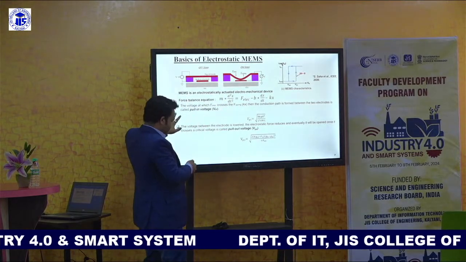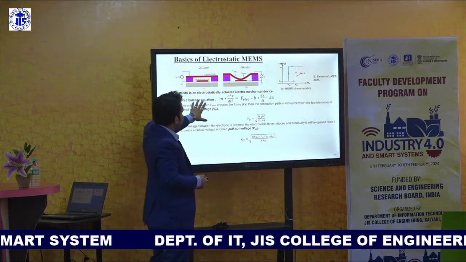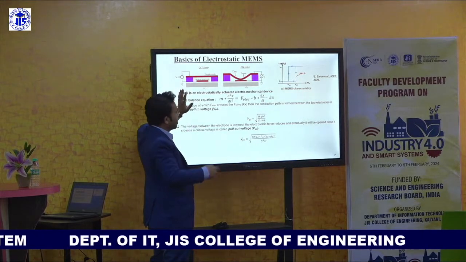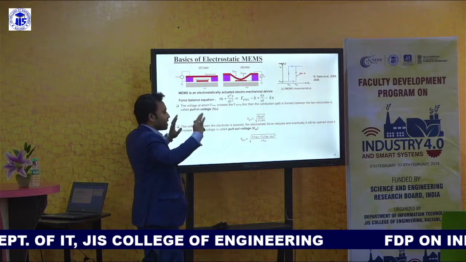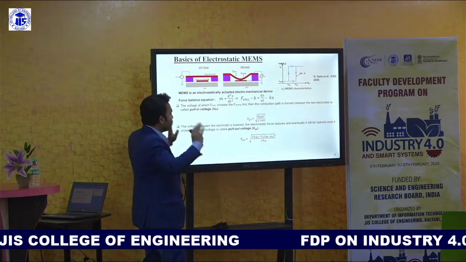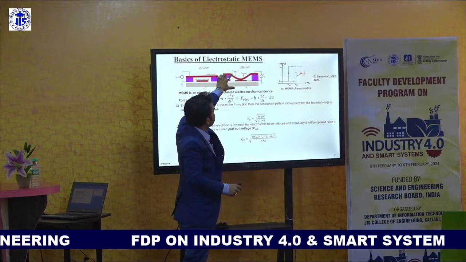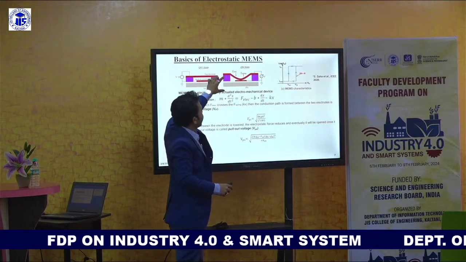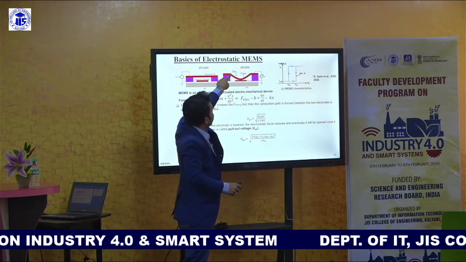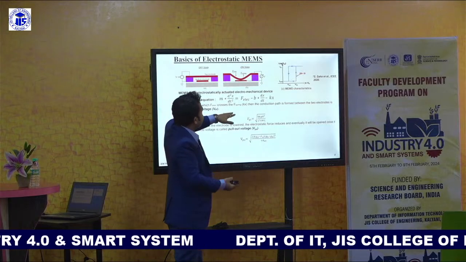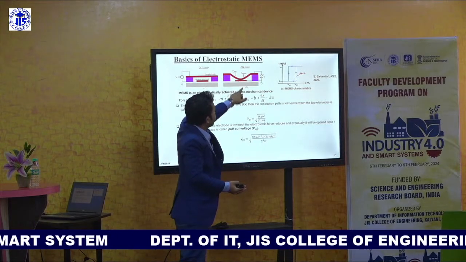So I have just mentioned the force balance equation. How is it so? Because we know the spring constant and spring theory from our class 10, 12 physics. Correct? So this force balance equation is basically electrostatic force and spring force. It will balance. But whenever the electrostatic force is more than that, it will come down and touch together.